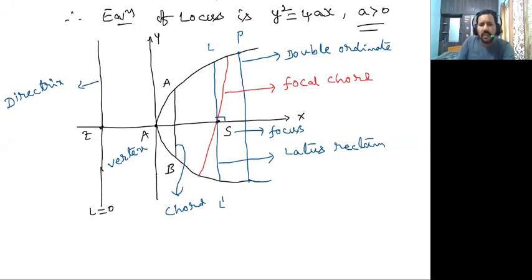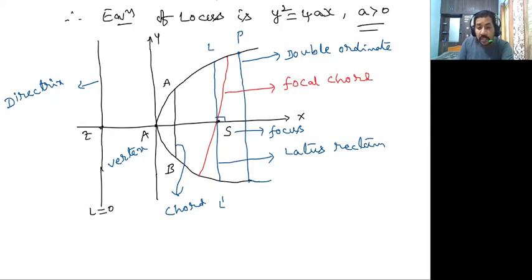So the end points of the latus rectum, you already know, are (a, 2a) and (a, minus 2a). Those we will discuss later. First copy this. Once again, see. What is a chord? The line joining two points on the curve, on the parabola, is called a chord. The chord passing through the focus is called a focal chord.